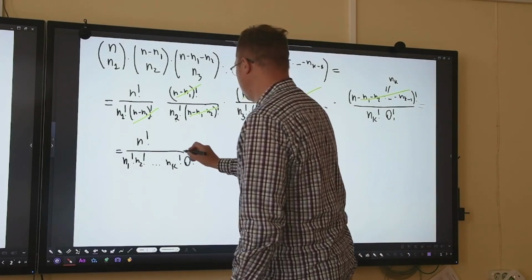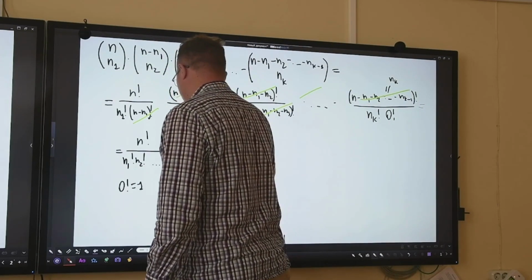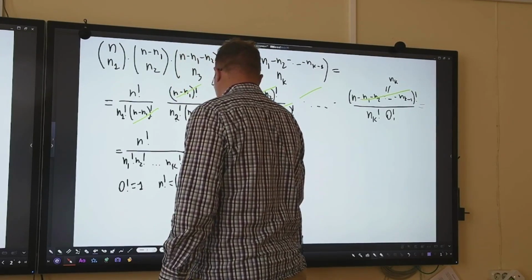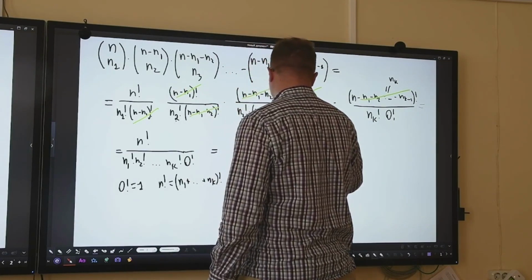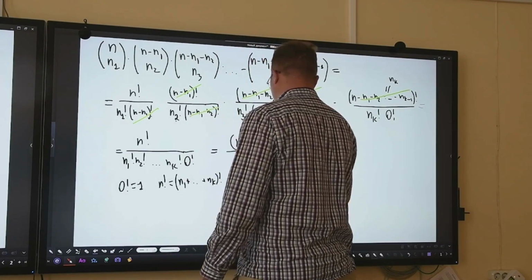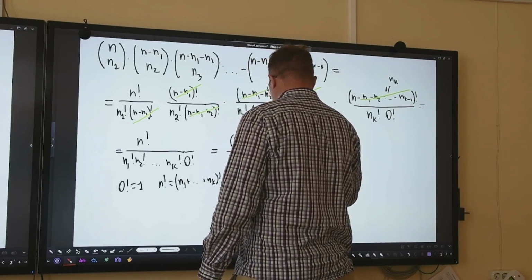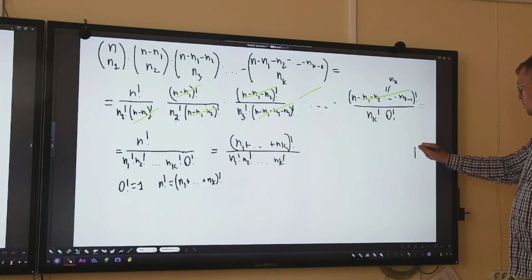Zero factorial is 1, and n factorial is n1 plus etc. plus nk factorial. So we have the formula that we stated there. We prove the proposition.